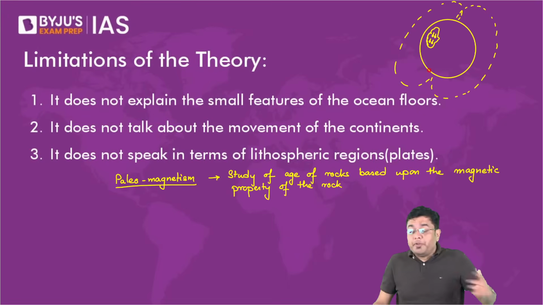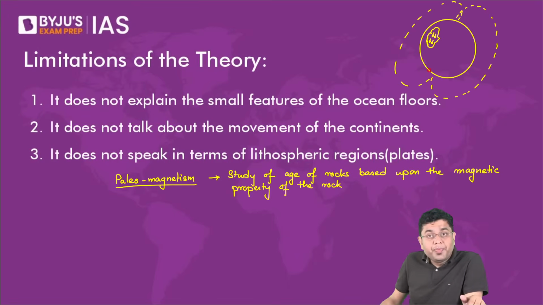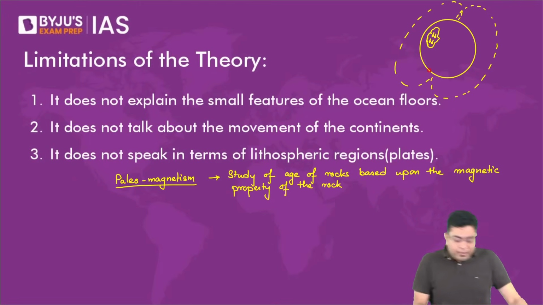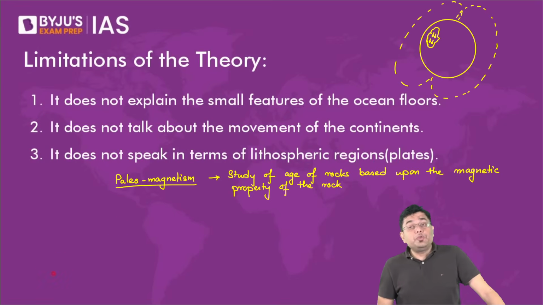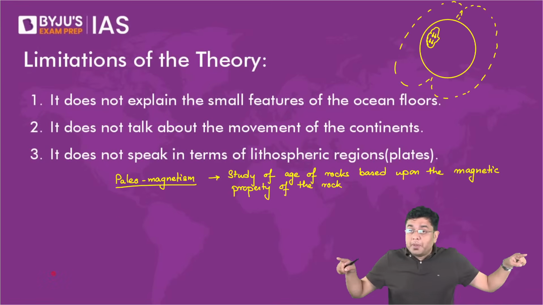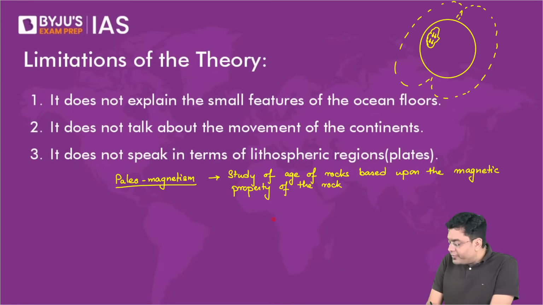Whether that rock is 50 million years old or 60 or 100 million years old, we'll be able to calculate that. That is precisely paleomagnetism. This is something which he carried out and observed on the ocean floor, and that is how he came to the conclusion that the rocks away from the mid-oceanic ridges are older.